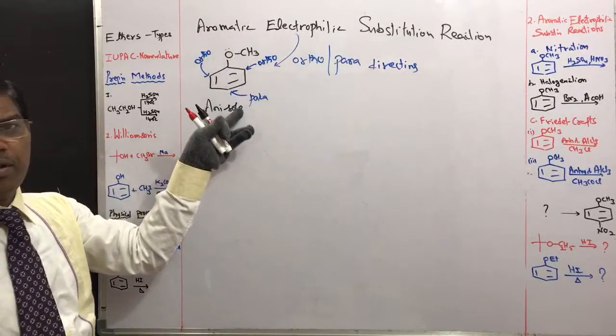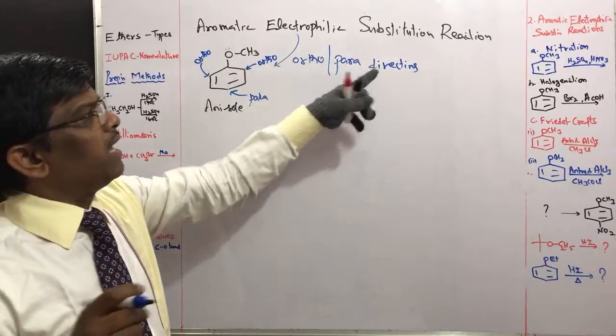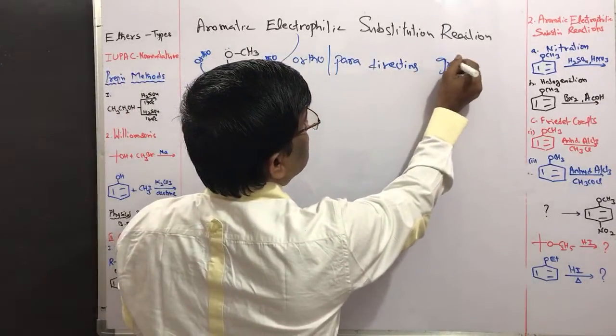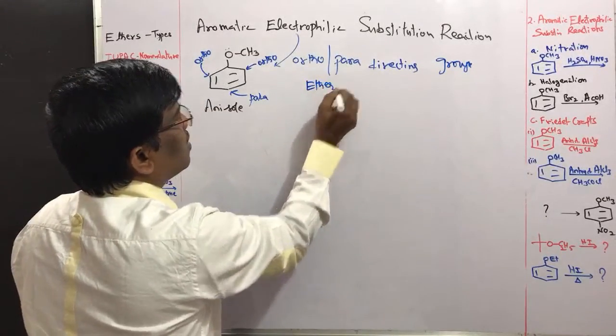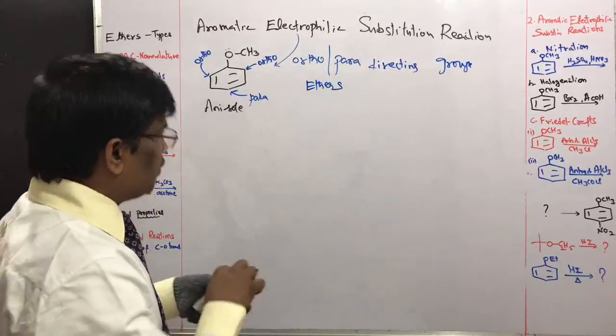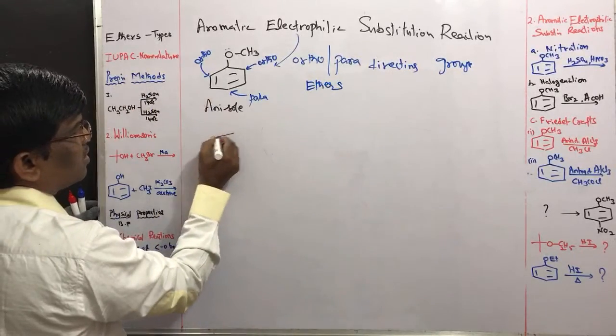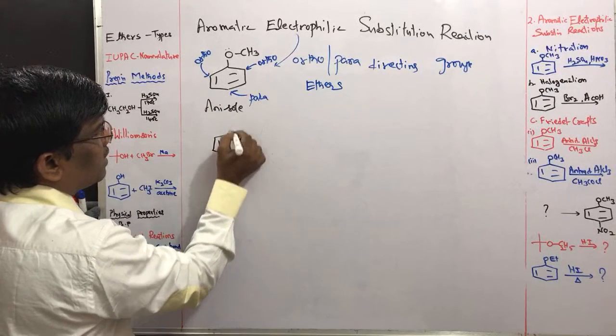So this methoxy group, or ethers, are ortho-para directing groups, similar to phenol. Why? You can write the resonance structures to learn how it directs.